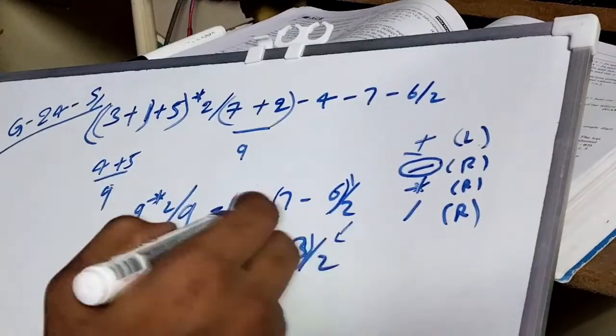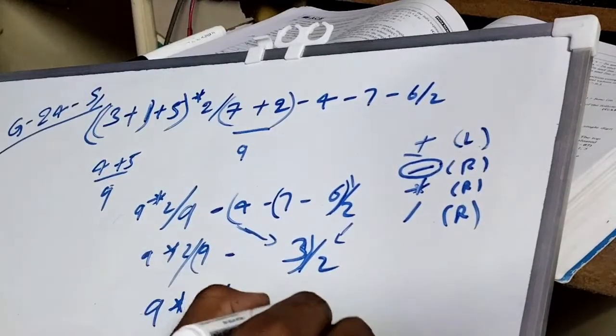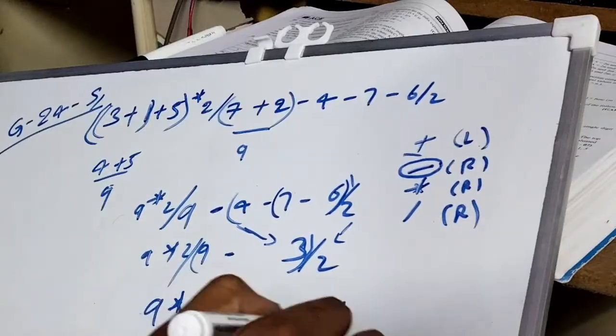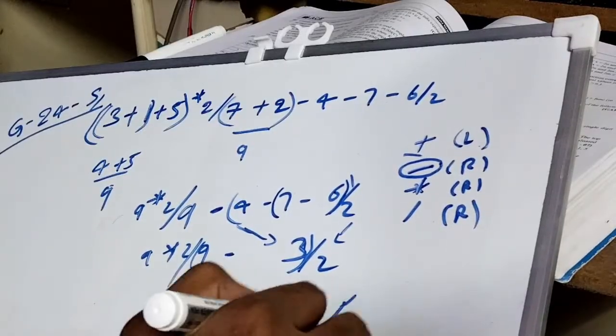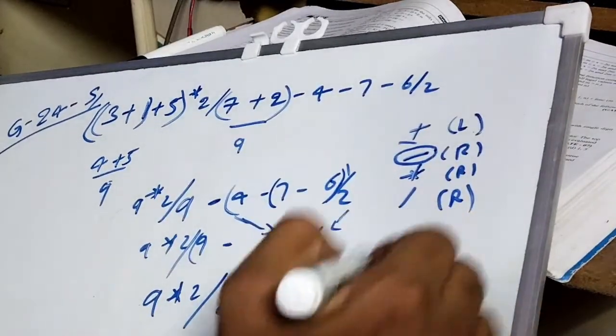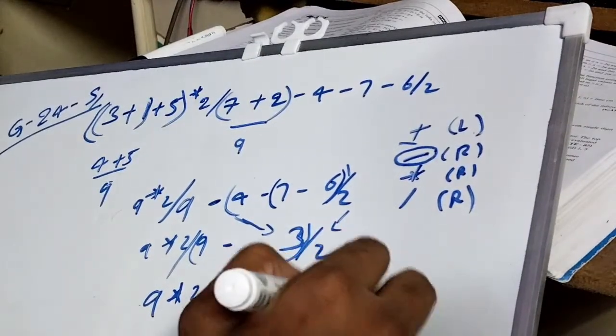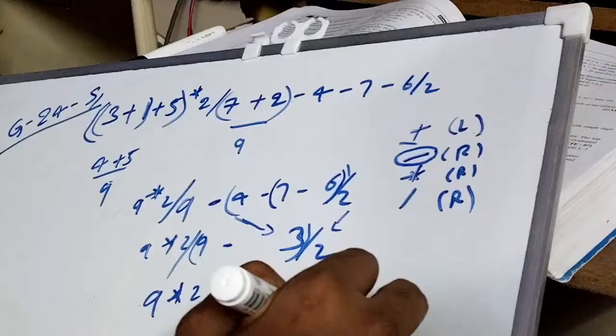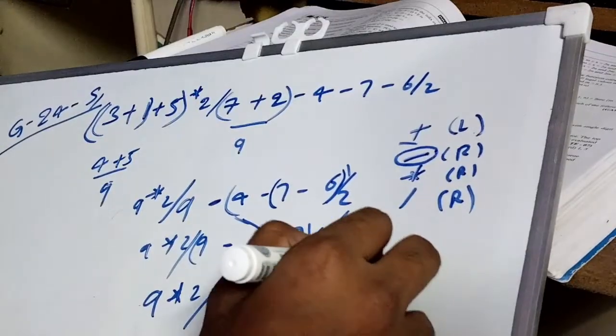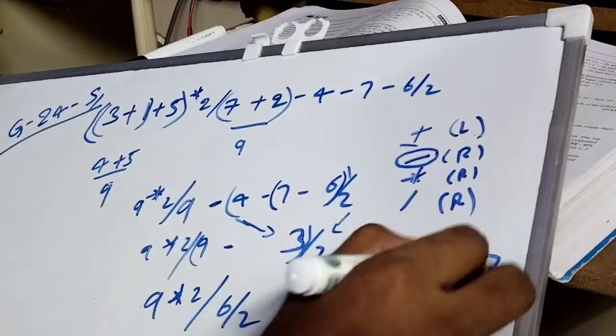Then we have into as the highest precedence, so 18 by 6 divided by 2. If we do division, you can directly say 18 divided by 6 is 3, and 3 divided by 2 gives 6 as the answer.